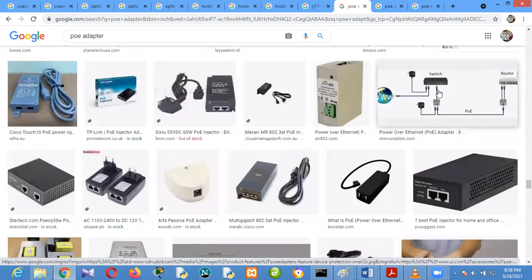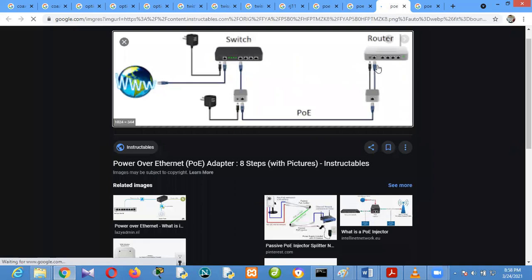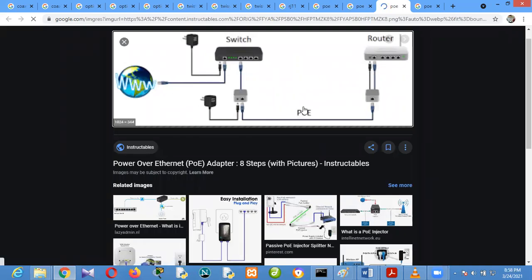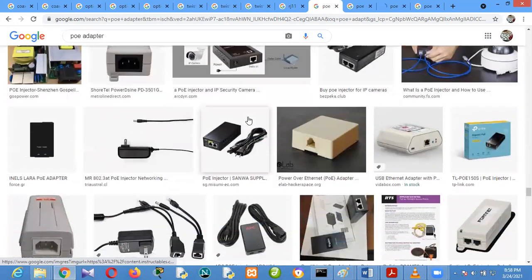Okay, look at this. I think I can use this. Now, this one is a complex connection. Forget about this one. You have to master something. You might not understand this yet. Just let me get you to understand what PoE is first before we start doing some complex connections.